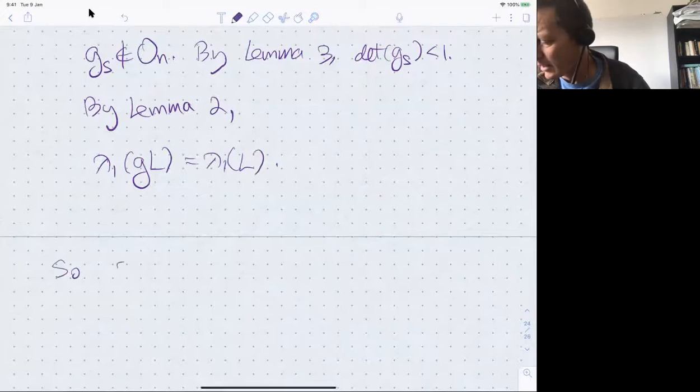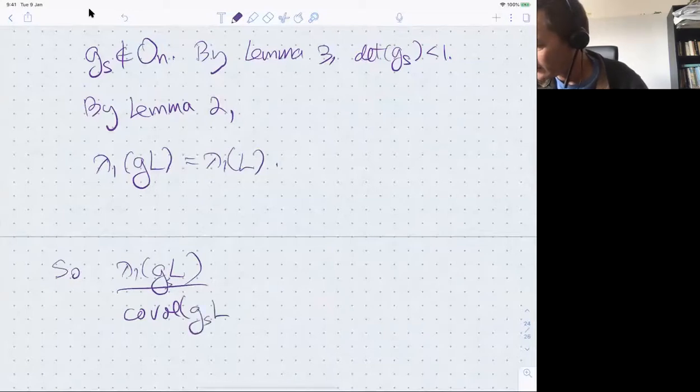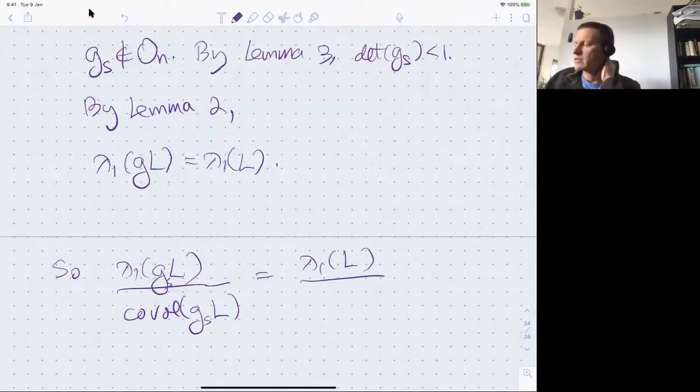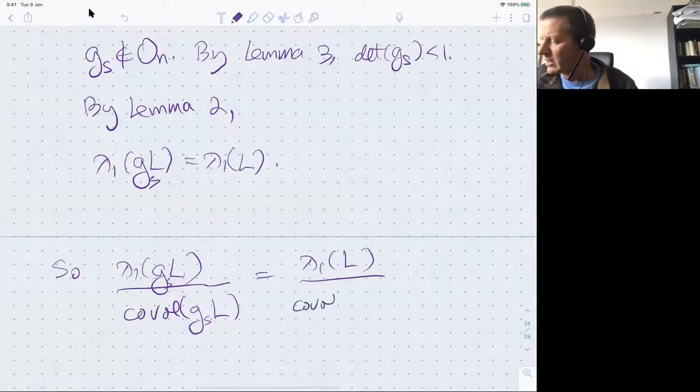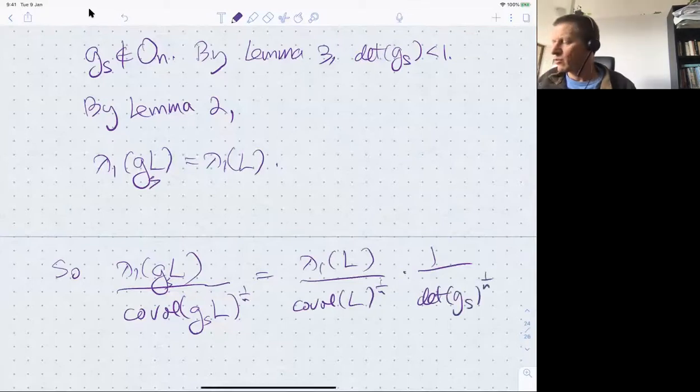And therefore the quantity lambda 1 of G_s L divided by the covolume of G_s L, so this is G_s. The numerator is the same for all s. It's lambda 1 of L. Here we took the covolume of L to the power 1 over n, and we multiplied it by the determinant of G_s to the power 1 over n.